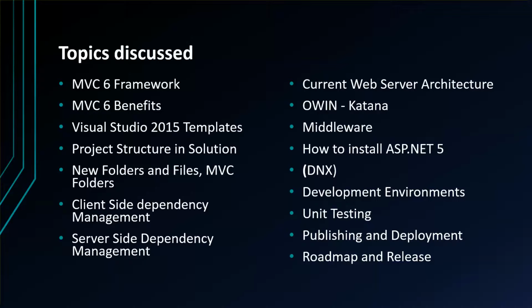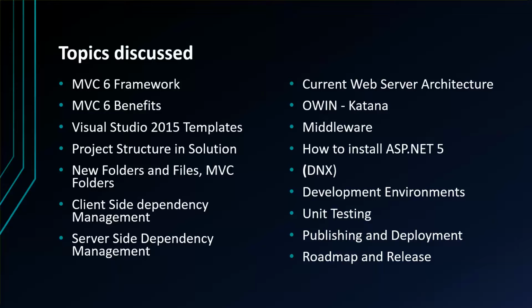And I also discussed how to install the ASP.NET 5 runtime on Linux, Mac OS, and Windows, and the main components required to design and develop any ASP.NET 5 web application: DNX, DNVM, DNU, and the availability of development tools like Visual Studio Code and command line tools, and unit testing.